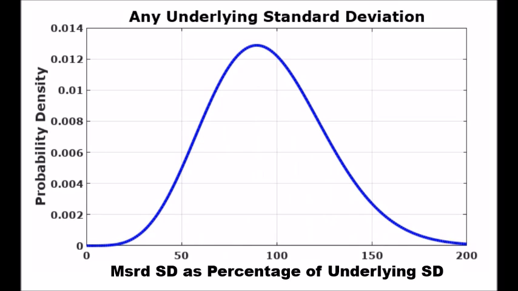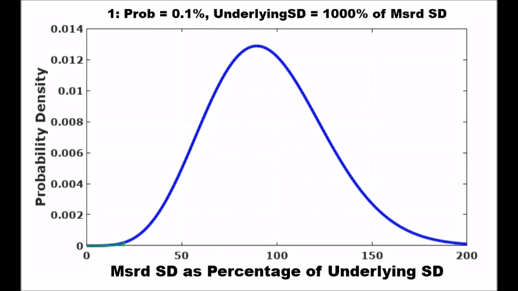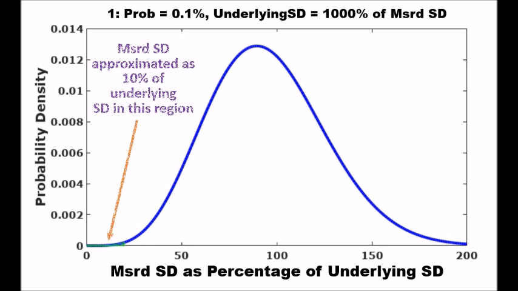There's obviously some inaccuracy as well when we approximate everything in our 20% ranges as having the same standard deviation. So, let's go through these 10 areas more slowly and compute what we should be adding in for each of them. Our first rectangle on the left here is tiny and covers the 0 to 20% standard deviation range. So, we'll split the difference and treat all standard deviations in this rectangle as if they equal 10% of the underlying standard deviation.